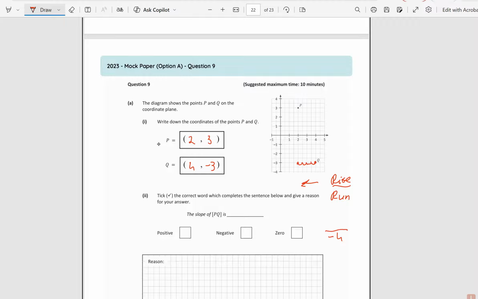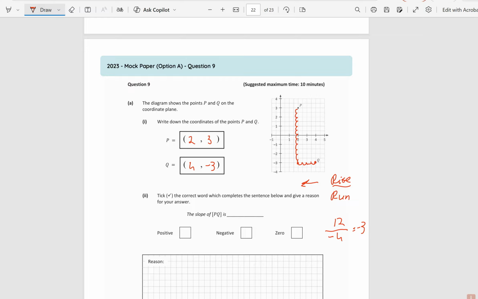And how many then have I to jump to get back onto P? 1, 2, 3, 4, 5, 6, 7, 8, 9, 10, 11, 12. So that equals minus 3. So it's a slope of minus 3, I think. Okay, so slope of minus 3.